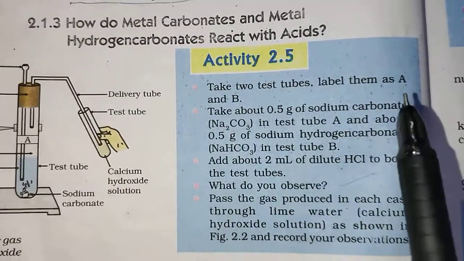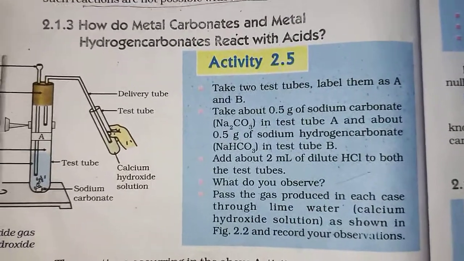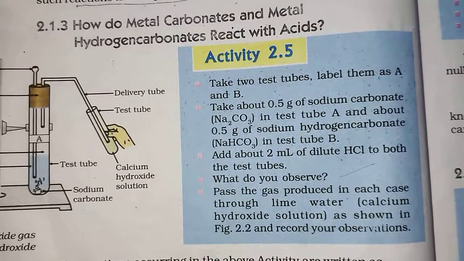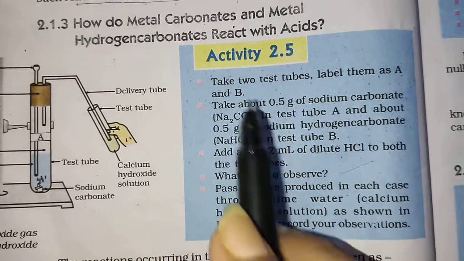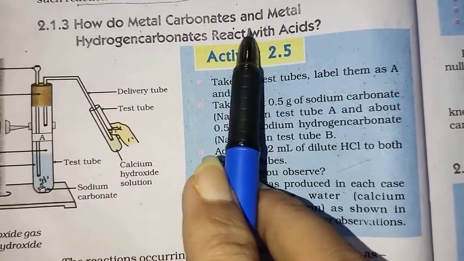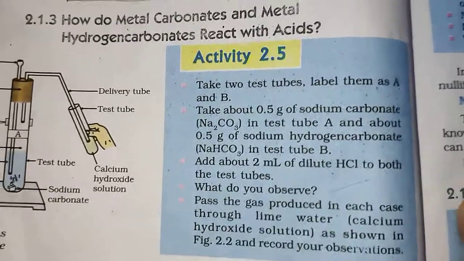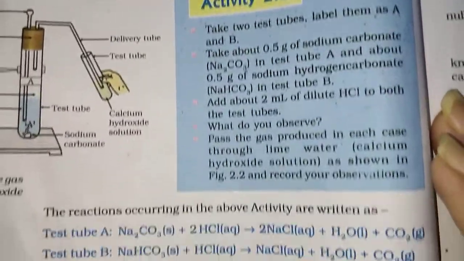So we have already discussed the reaction of metal with acid. But what will happen when metal carbonates and metal hydrogen carbonates react with acids? When simply metal reacts with acid it forms salt and hydrogen.